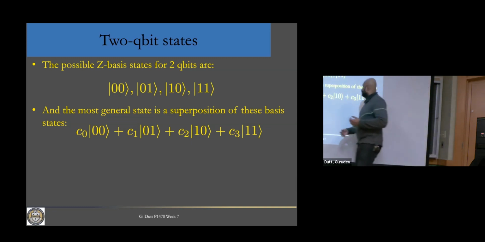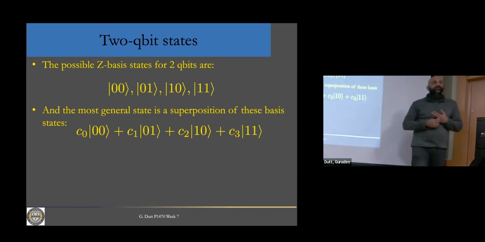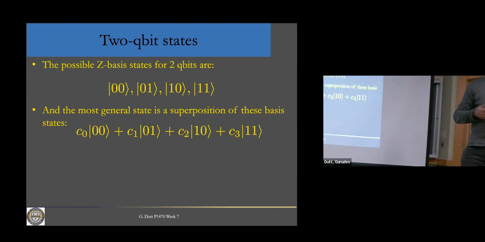Okay, so we have complex coefficients C0, C1, C2, C3. Okay, and those numbers are going to represent the most general state of the basis of the qubit.